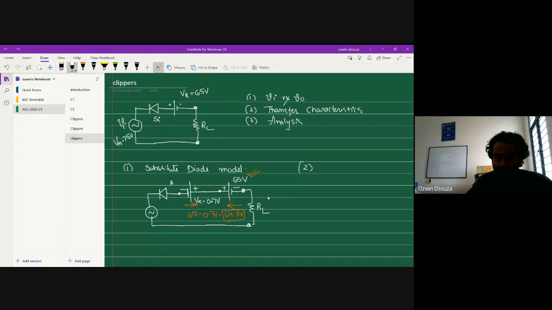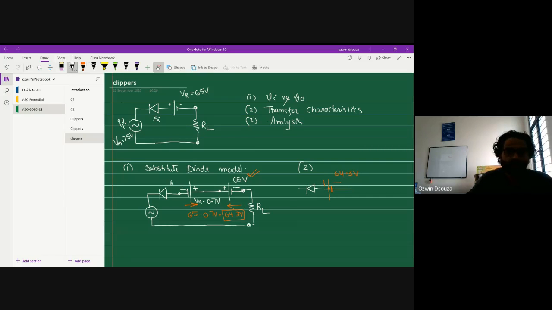Okay, so let's reconstruct the circuit. Diode, and your battery. So this side positive terminal and this side negative terminal, plus minus, and the effective voltage is 64.3 volts.